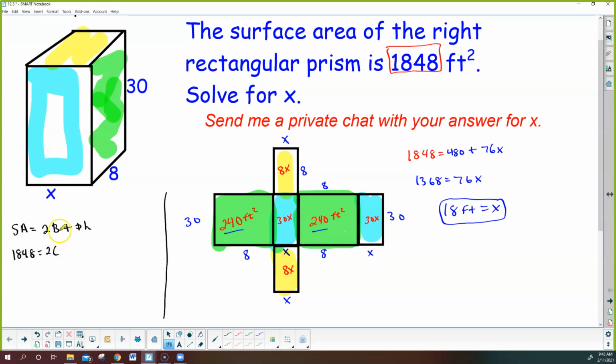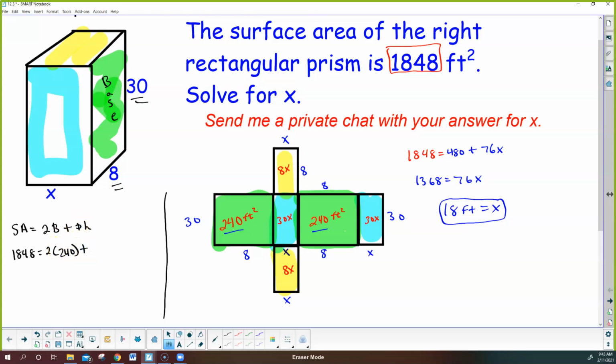The big question is what should I call the base? My advice is, if you're going to pick the base, we want the base to be the one that has all the numbers that we know. So I want the base to be the green one because I know I can calculate that base as 240.